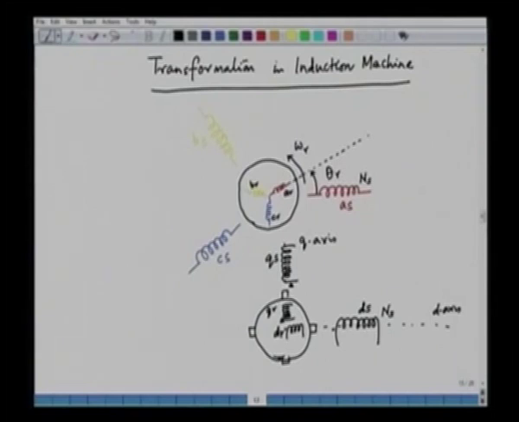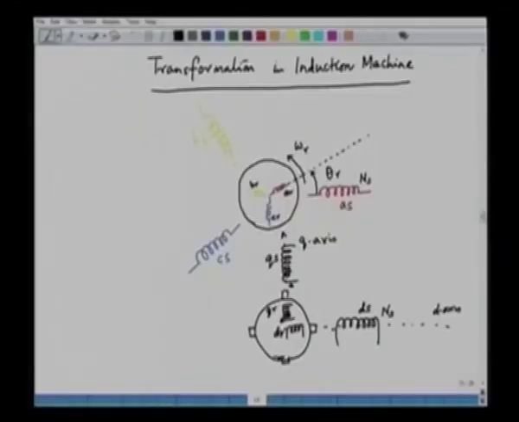It does not really exist in practice, but for our own convenience we are transforming the ABC machine into a DQ machine, and we have equalized the number of turns NS in the stator in the 3-phase machine and the same number of turns per phase for the 2-phase machine or 2-axis machine. So, here also we have NS. The rotor has NR number of turns. Here also we have NR here and NR here.